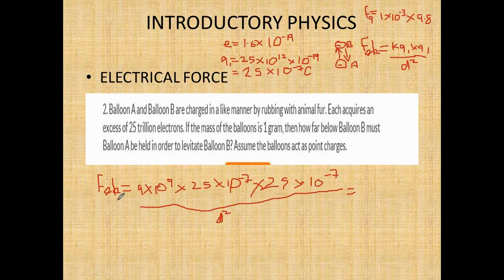All right, let's do that. So 25 times 25 times 9 is going to give you 5,625.